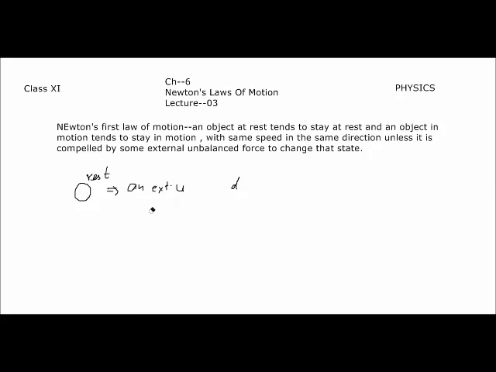If a force is applied on a body at rest, it produces motion, or on an object in motion, it changes that motion. Both points are clear to all of you. So Newton's first law, I think, is clear to all of you.